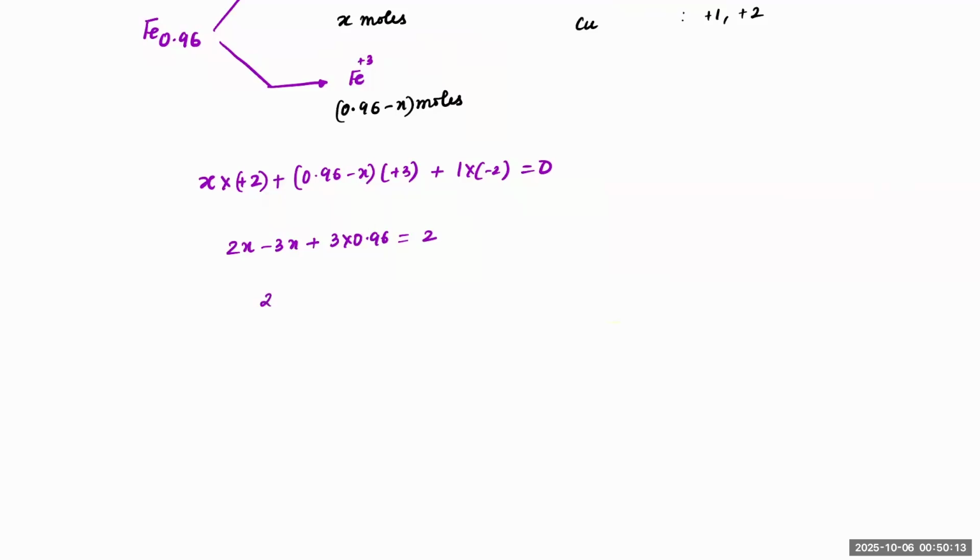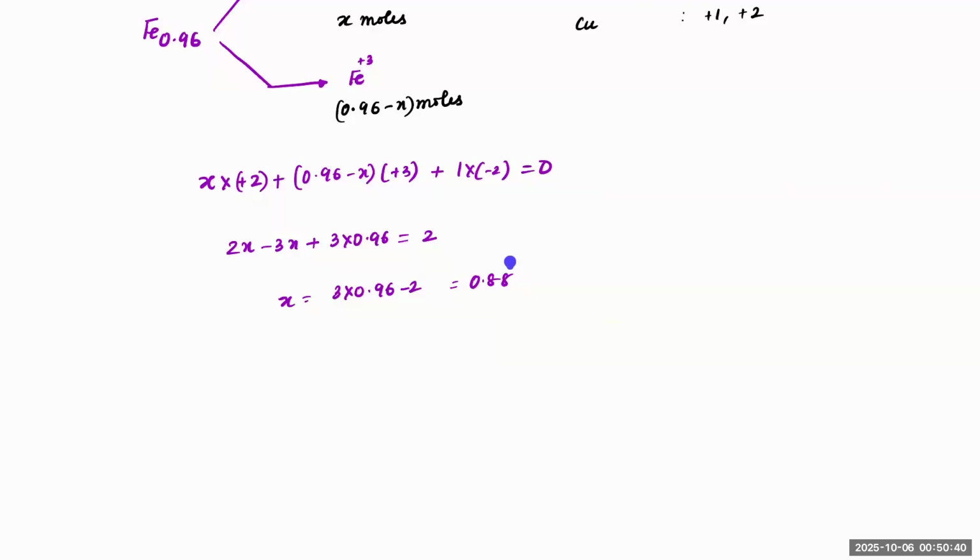So this will be minus x, or x is equal to 3 times 0.96 minus 2. This is what you will get. So 3 into 0.96 minus 2, and that is coming out to be 0.88.